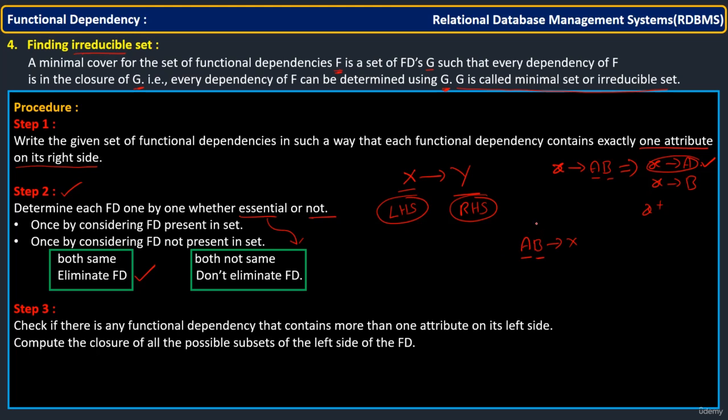For example, I am going to take A derives X like this. Am I able to get the same result without B also? With B and without B, if both results are the same, B is not required in the FD, in the LHS part.